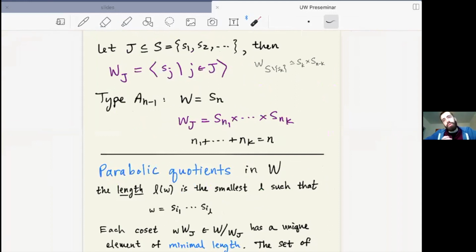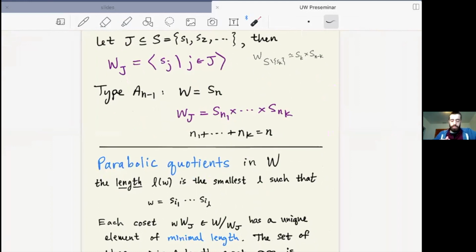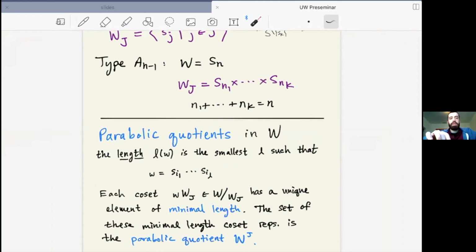Now, sort of dual to the notion of parabolic subgroup is something called the parabolic quotient of the Weyl group. In order to define this, I'm going to have to define the length function. The length of an element, here little w is an element of the Weyl group, is the fewest number of simple generators I need to write w as a product.